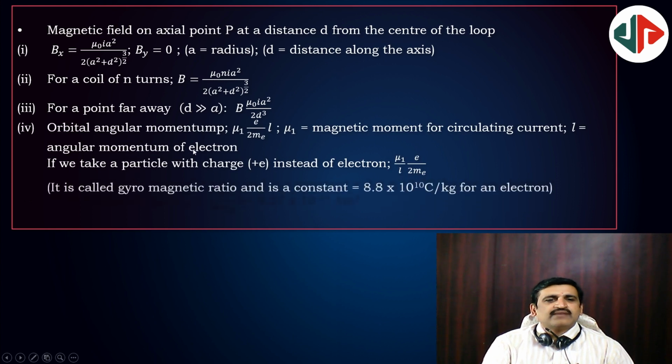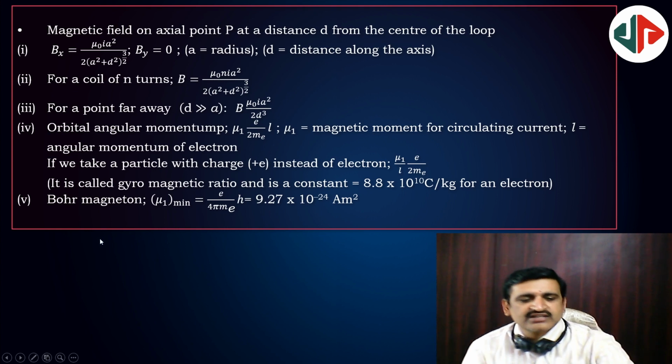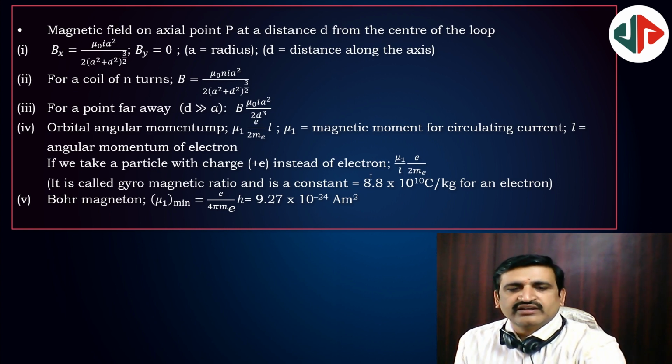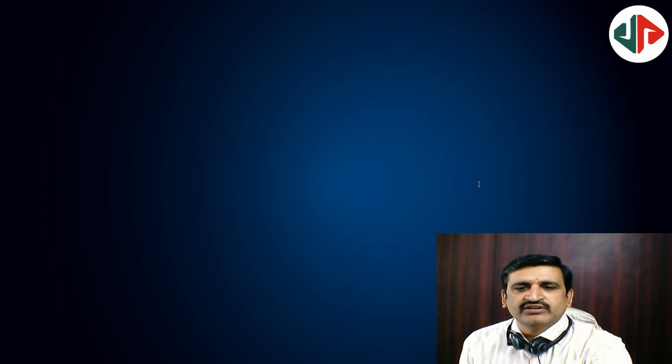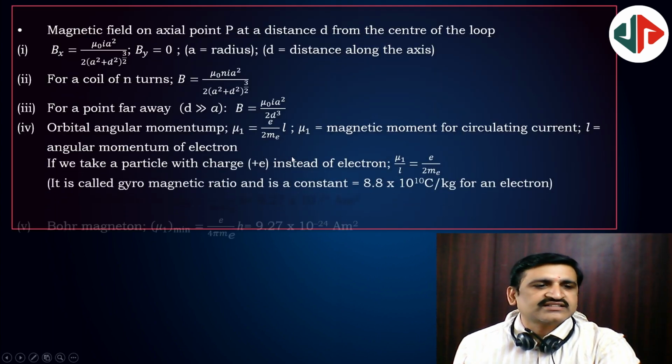The orbital magnetic moment mu l is equal to e by 2 me into L, where mu l is the magnetic moment of the circulating current. If we take a particle with charge instead of an electron, the same relation holds.